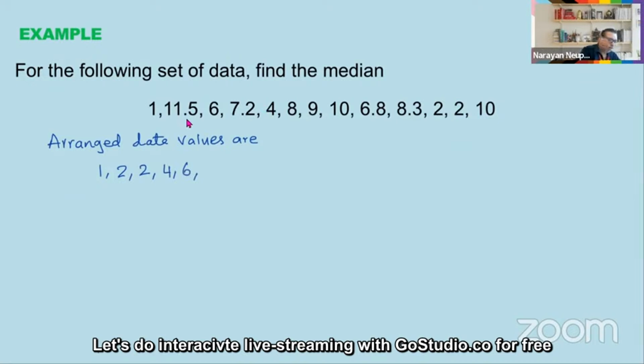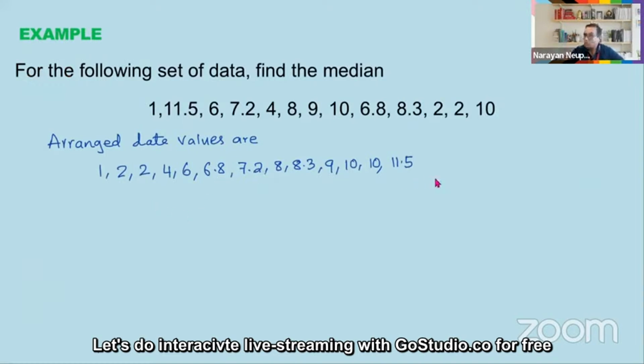There is 6, and then we have 6.8. Then we have 7.2. Very good. Then we have 8. Then we have 8.3. Then 9, then we have 2 10s, right? 10, 10, and then finally we have 11.5.